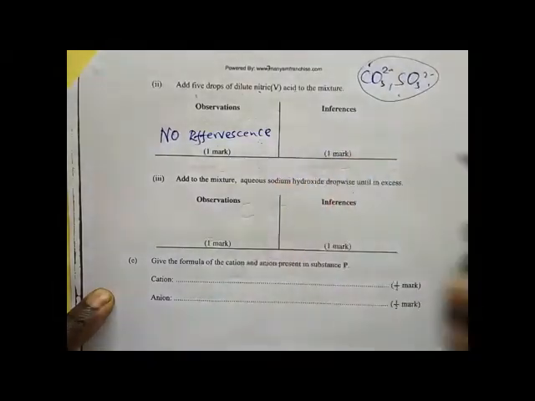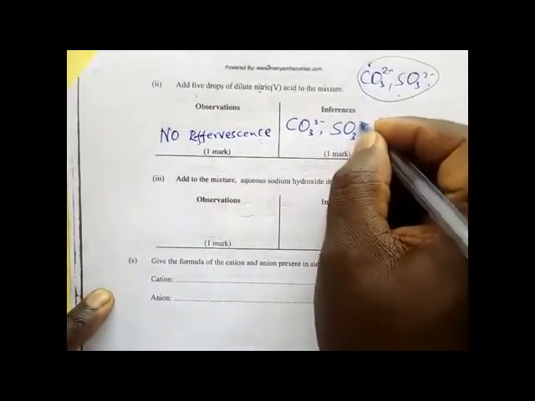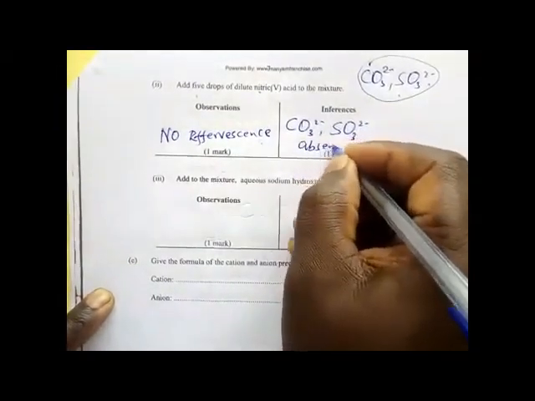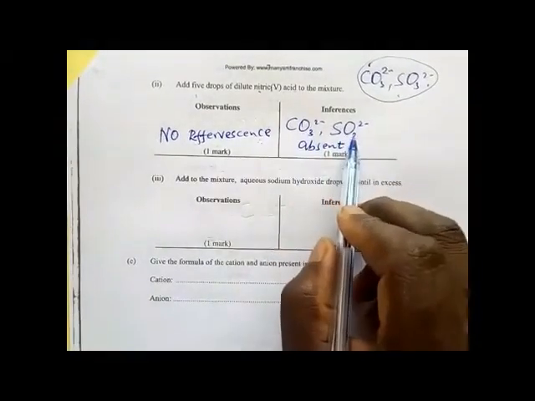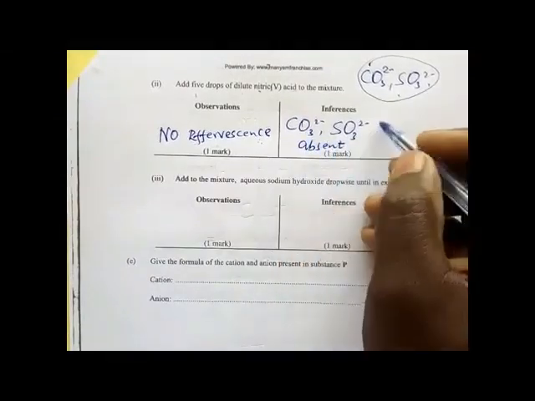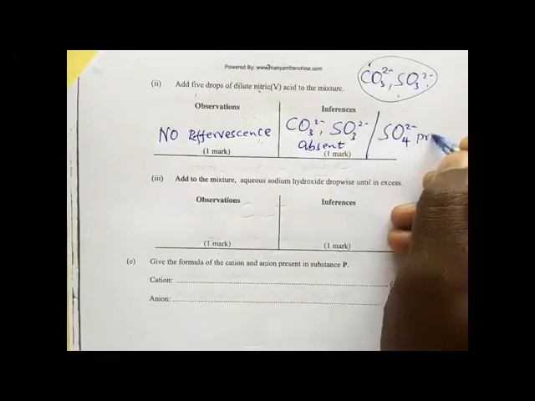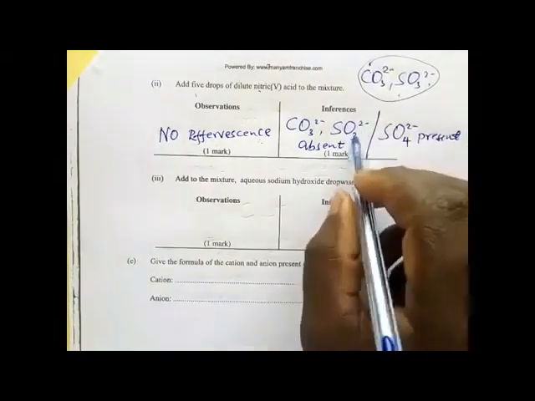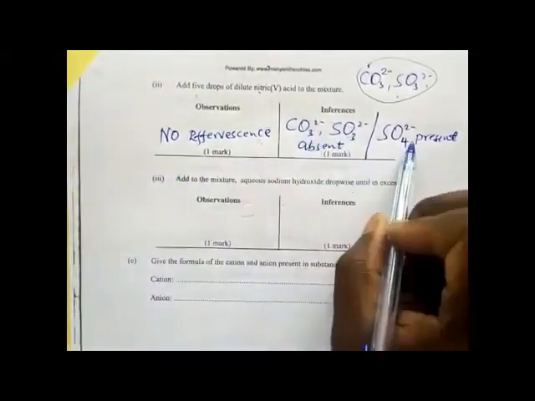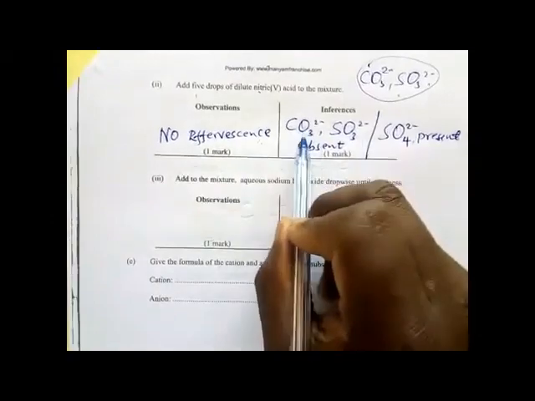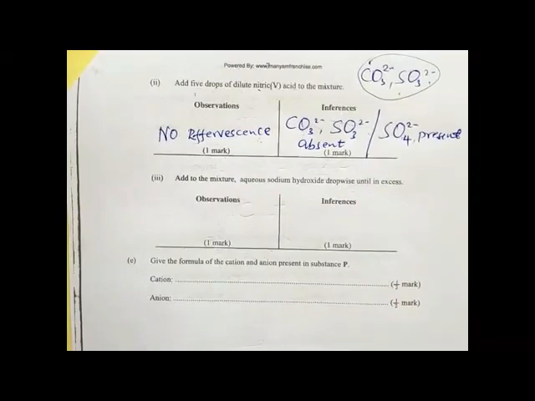So it means that the carbonate and the sulfite are absent. But remember, from our previous test, we had the sulfite, the carbonate, and the sulfate. Therefore, it means that the sulfate is present, because if these are absent, and in our previous test we said the 3 were there, what is there is the sulfate. It is acceptable like that.